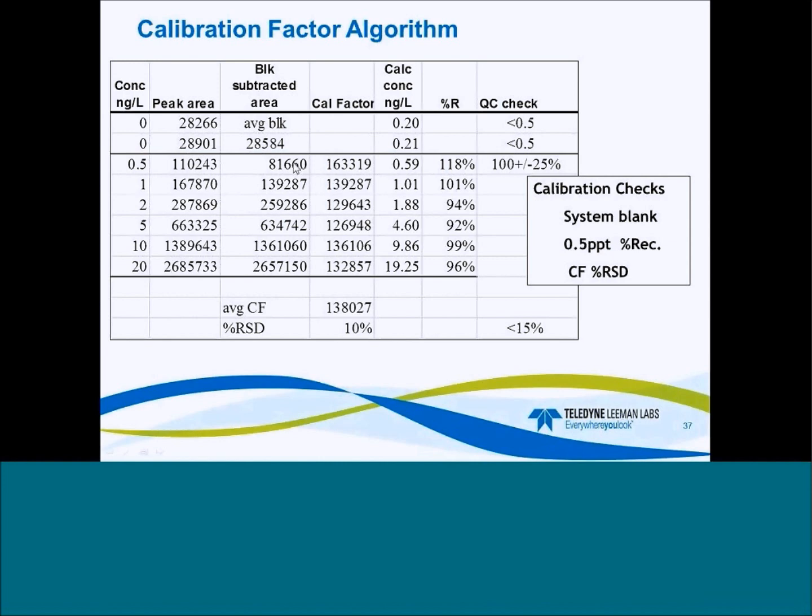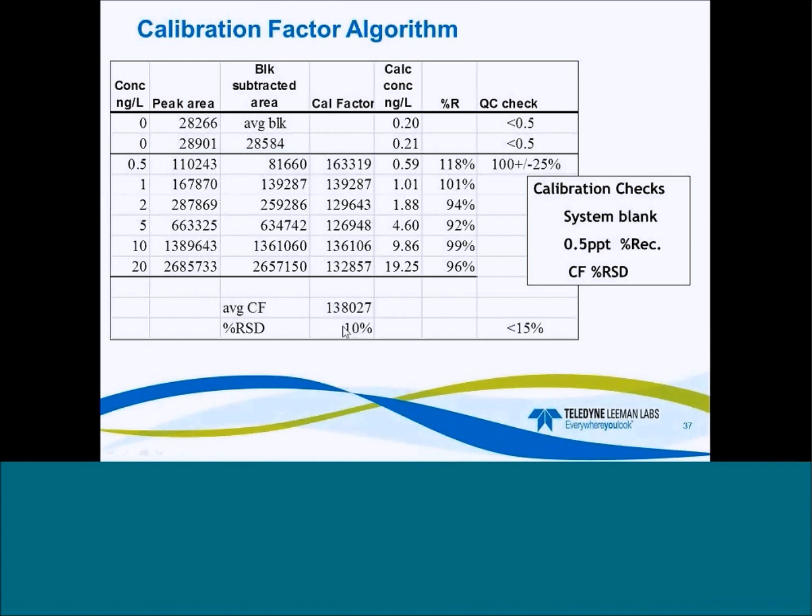Then you divide that intensity by the concentration. Basically, it gives you a single point calibration for each one of these points. To determine the actual fit, you take the average calibration factor, and then you divide that number into any of your unknown intensities, and that will give you a concentration directly.